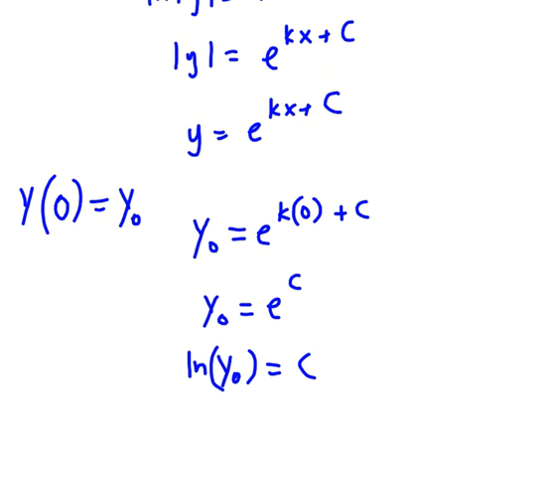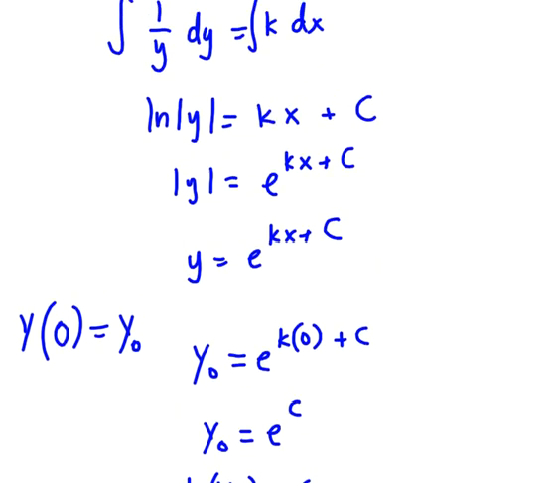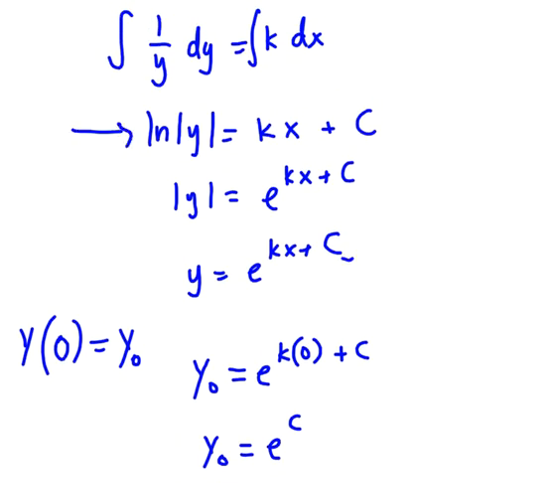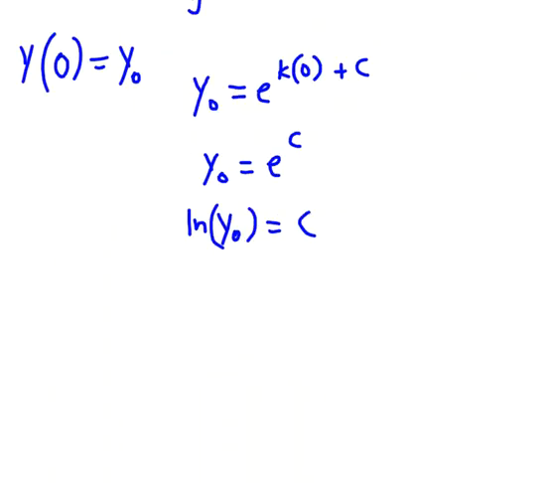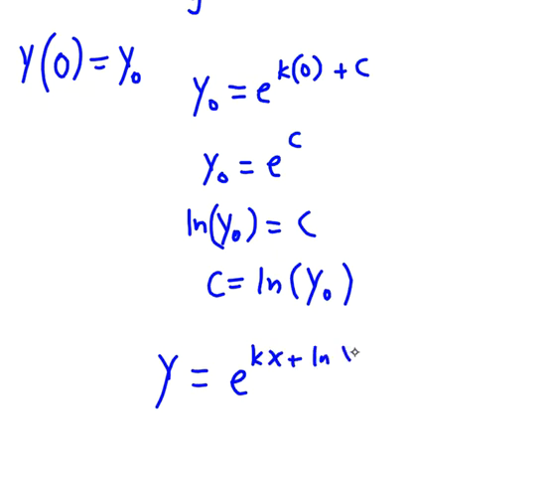You could have also solved this initial condition problem way up here. I tend to do that, and I did that on a lot of the answer keys for the section. From here, c is ln of y0. Going back to my equation, I have y equals e to the kx plus ln of y0.